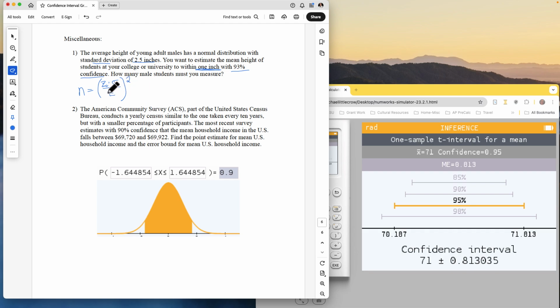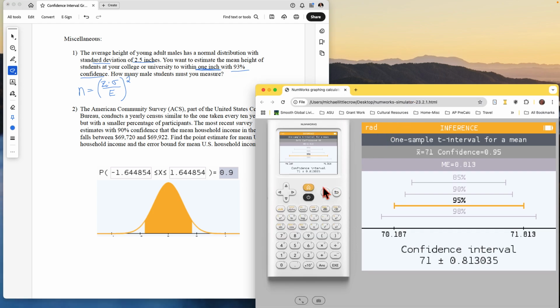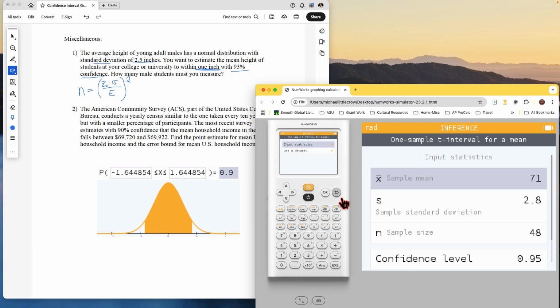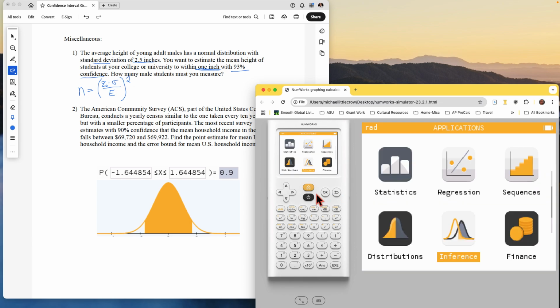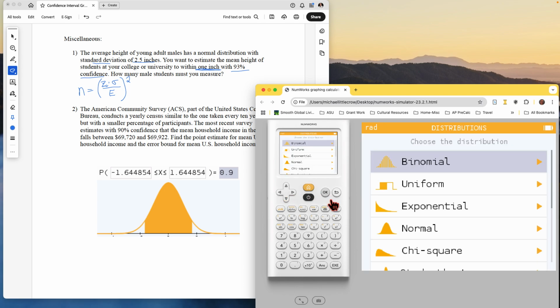Okay. How do we get the z critical? Well, for a confidence interval of 93%, we can come back to distributions.